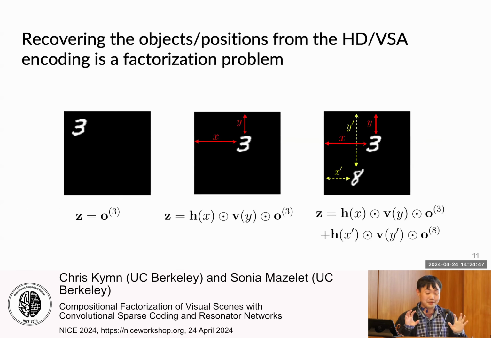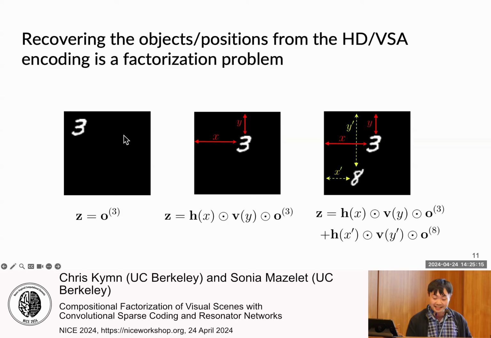And so now, okay, what's the point of explaining all of that? It's to say that now we can represent the objects and positions in this HD or VSA encoding as a factorization problem. So if we have an object template, which corresponds to digit 3, for example, and then we shift it by a certain amount, in this case by binding vectors in this HD computing space, then that corresponds to a shifted version of this particular object template.